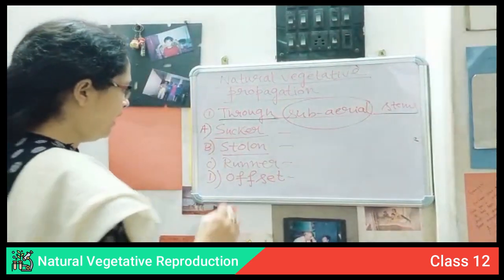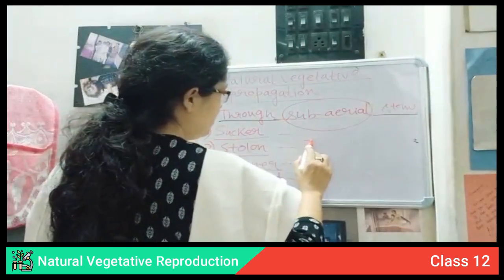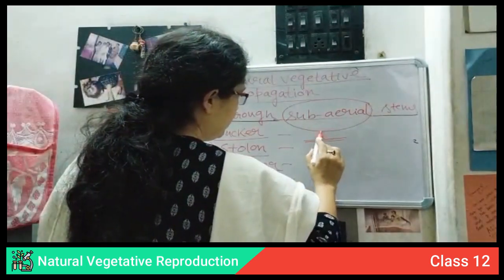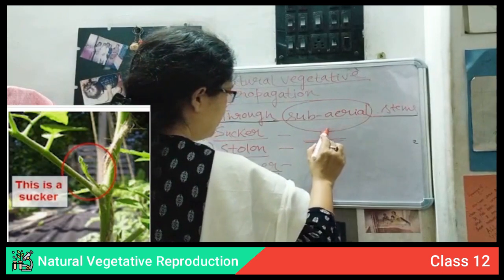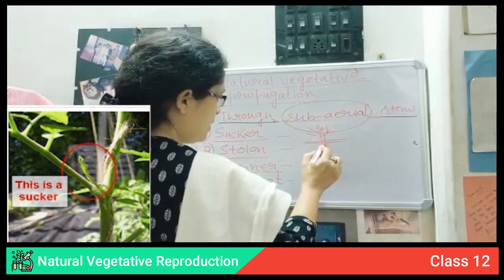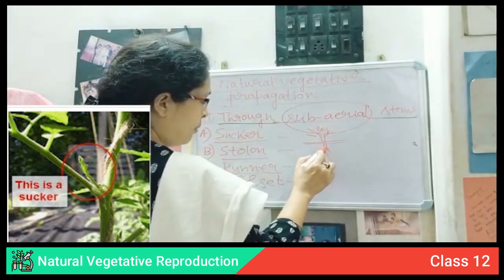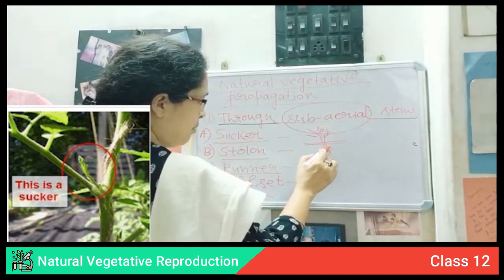In sucker, the plant grows, some of the part grows above the soil and some grows below, and from the below part our stem arises.